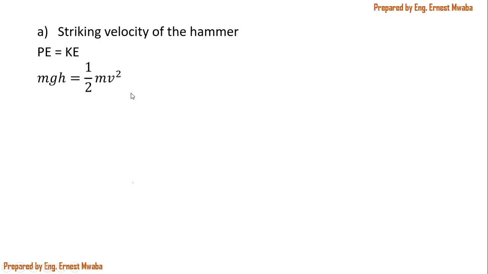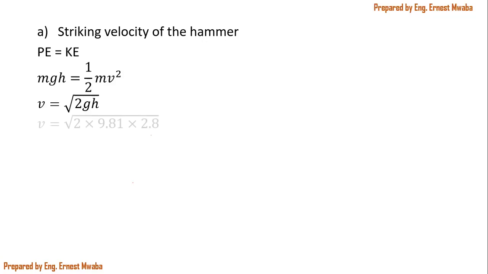So what do we do? The formula for potential energy is mgh. The formula for kinetic energy is half mv squared. So here you can see that m will cancel. Then you make v the subject, and that's why you now have the square root of 2gh.